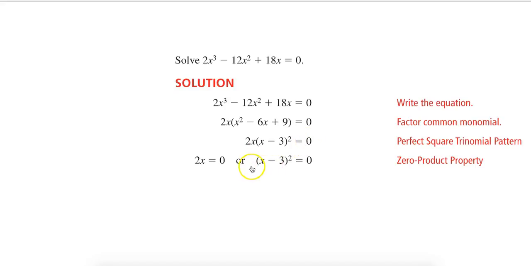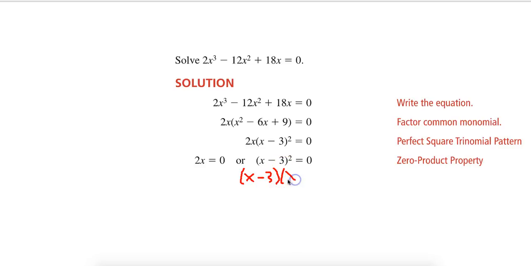Now, when we go ahead and solve each of these, I want to take a little time to focus on our second term of x minus 3 squared equal to 0. If we write out x minus 3 squared, that just looks like x minus 3 times x minus 3.